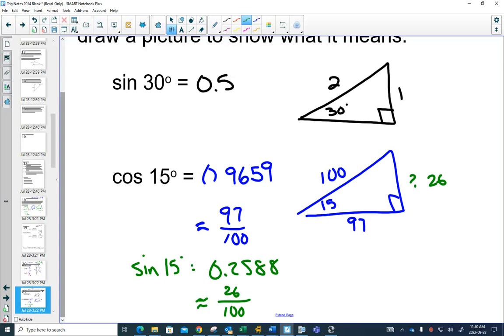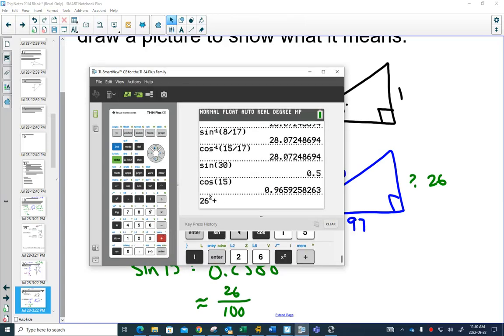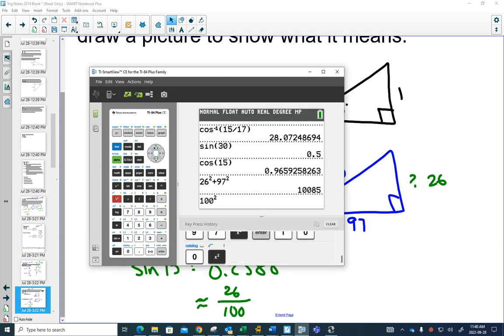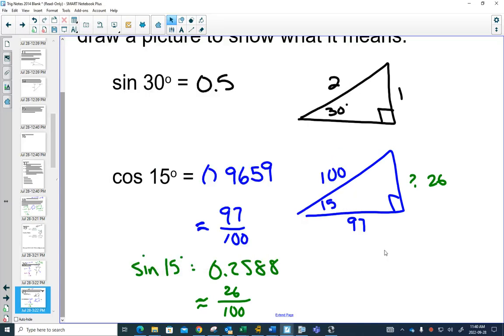Is this perfect? No, because we rounded. In fact, if you check it out, 26 squared plus 97 squared is 1,085. What's 100 squared? 10,000. See how they're close, but off a little bit? Because we rounded. That's why I wrote approximation signs, because it's not perfect.